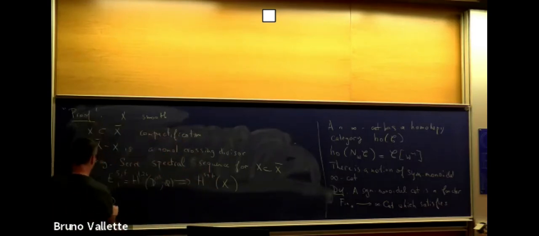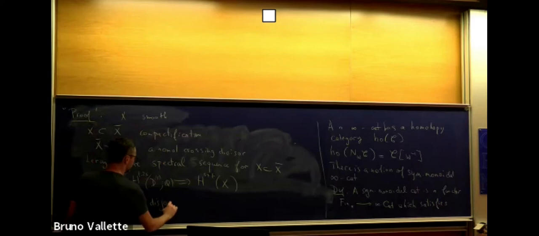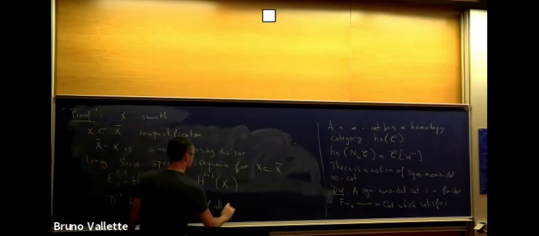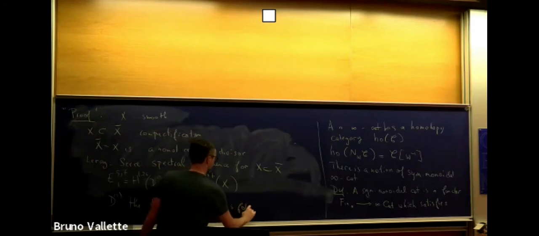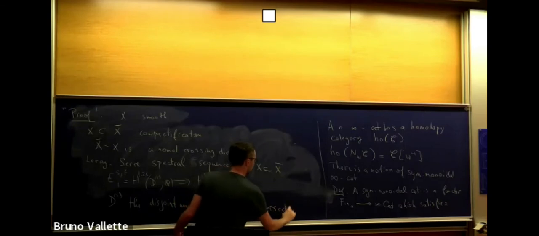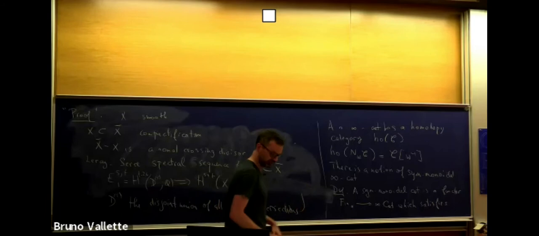So D_s is just the disjoint union of all s-fold intersections of components of my divisor.